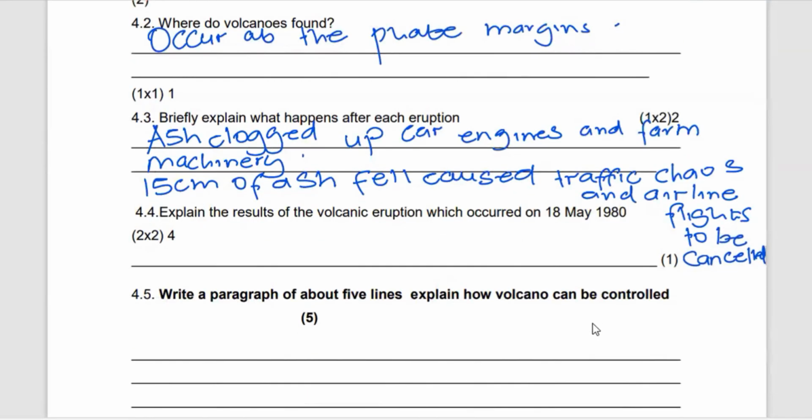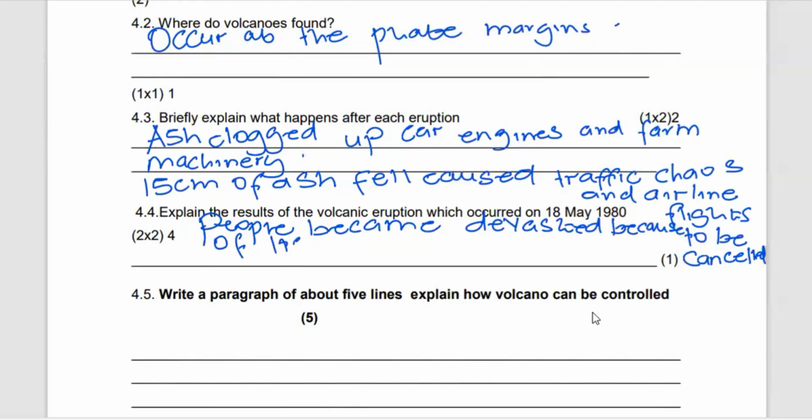Explain the results of the volcano eruption which occurred on 18th May 1980. People became devastated because of its effects.